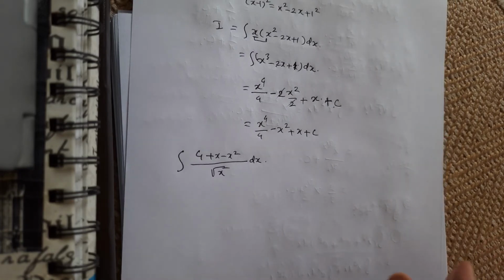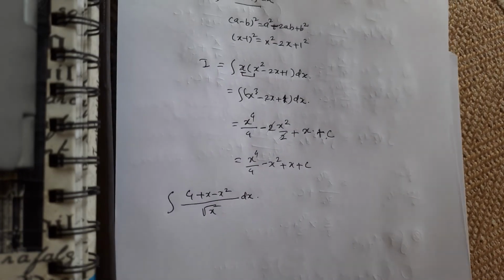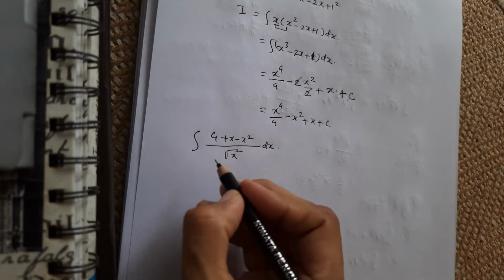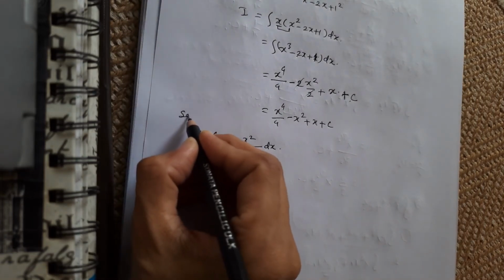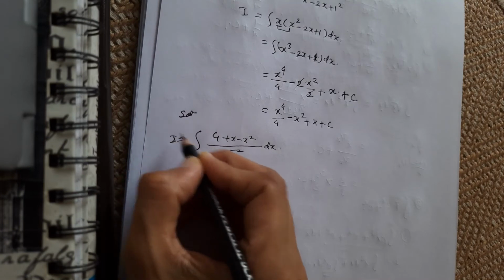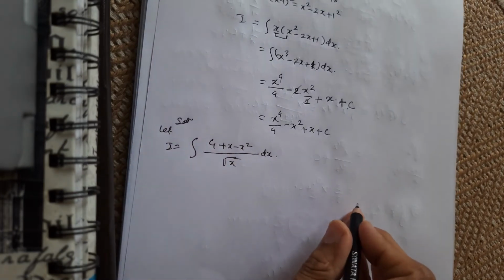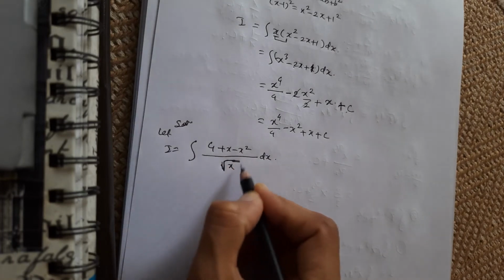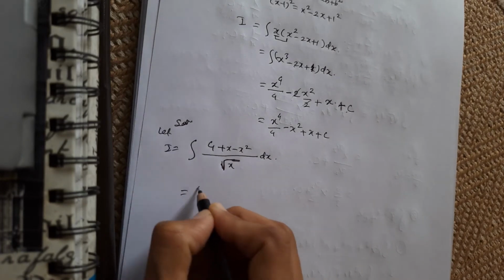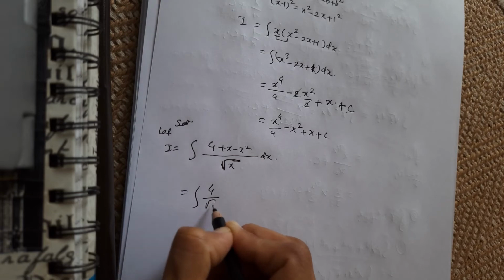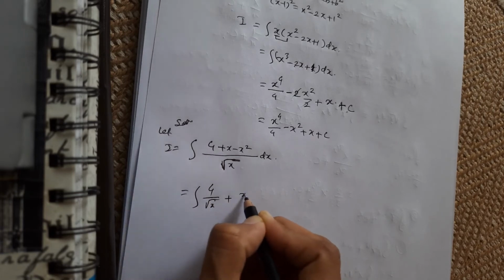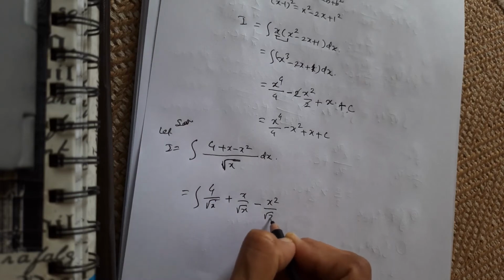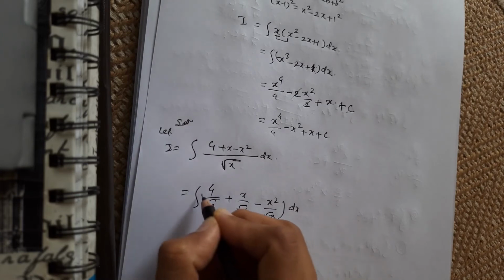Okay, the next example is quite similar to the above one, but it's a different kind. So for the solution, I start by taking I equals this integration. Now to simplify this, I am splitting the denominator, so I will get 4 upon root x plus x root x upon root x minus x square upon root x, dx.